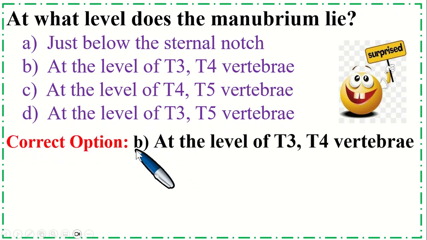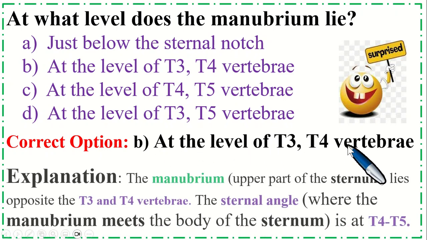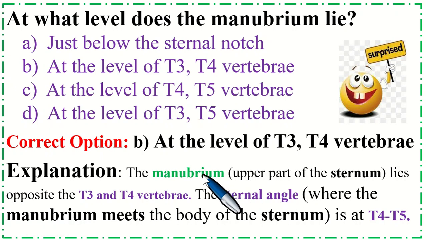So the correct option is B at the level of T3 T4 vertebrae. Explanation is the manubrium, upper part of the sternum, lies opposite to the T3 and T4 vertebrae. The sternal angle where the manubrium meets the body of the sternum is at T4 T5.